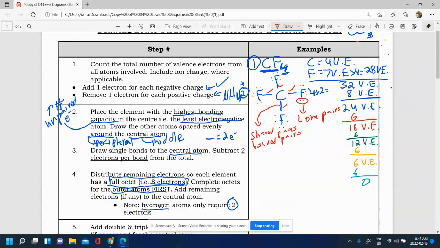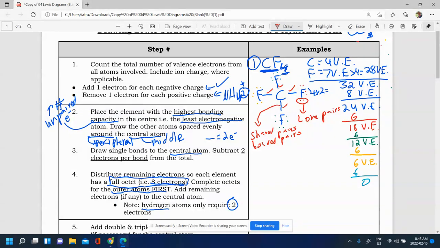And remember that if you have one single line, that means you have 2 electrons in there, or 1 pair. And as we'll see later on, sometimes you might have 2 lines in between 2 atoms, or sometimes 3 lines between 2 atoms. And so those are different types of bonds or number of electrons being shared between them.